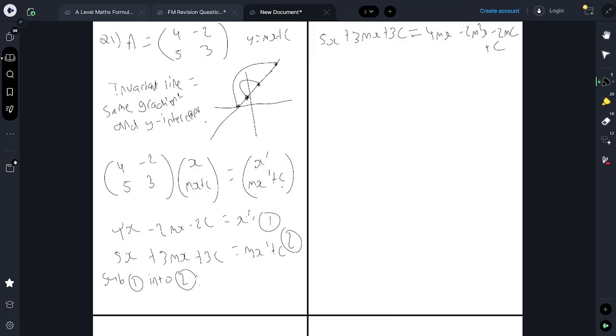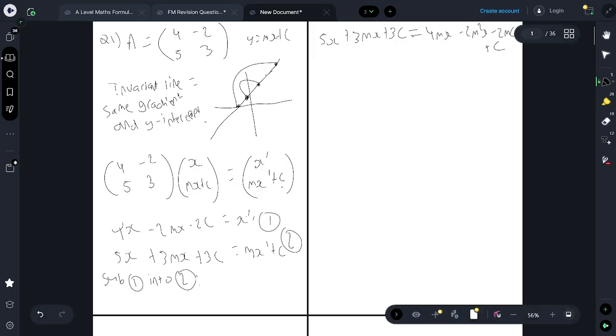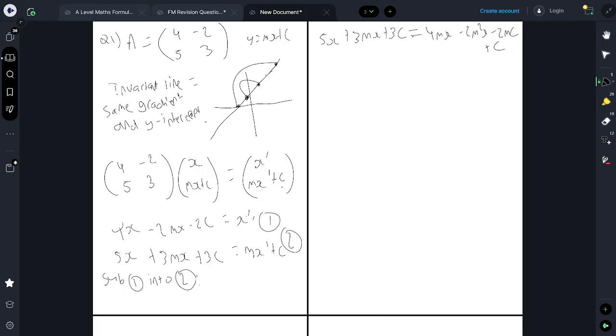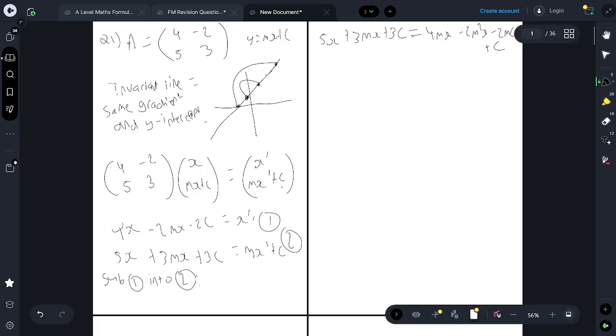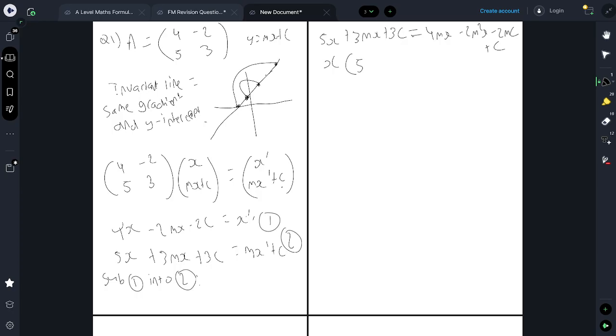Now, let's rearrange. So let's put the x terms on the left side on their own, in terms of x. So x of 5, if we factorise it out, 5x minus 4m, plus 3m here because there's another x, plus 3m minus 4m plus 2m squared.